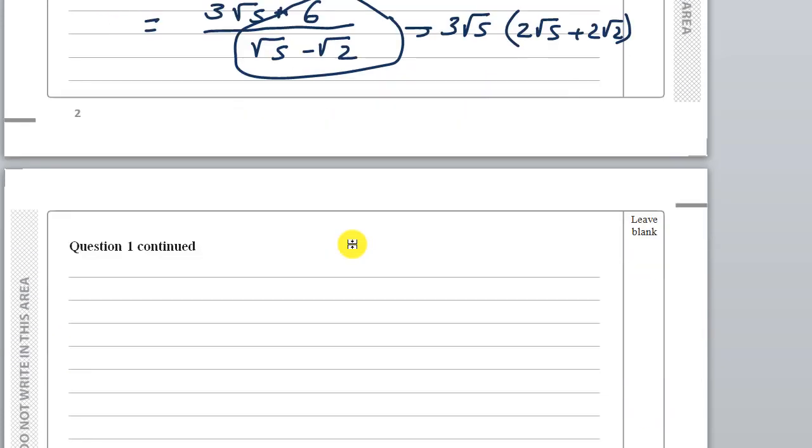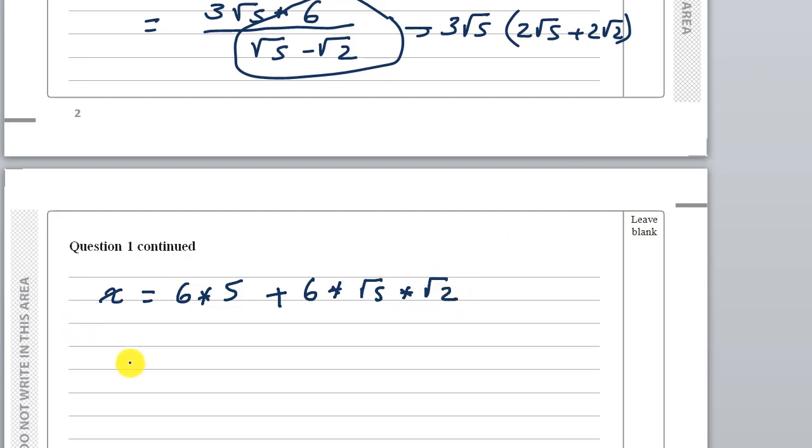So now x will equal 3 multiplied by 2, 6, square root of 5 multiplied by square root of 5 is equal to 5, plus 3 multiplied by 2, 6, multiplied by square root of 5 multiplied by square root of 2.